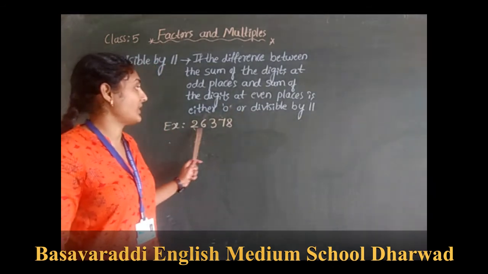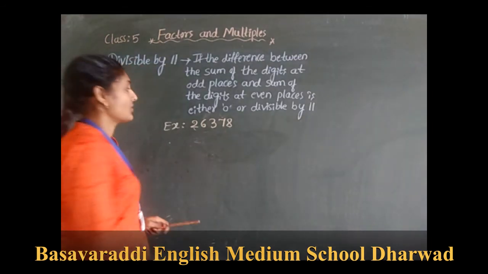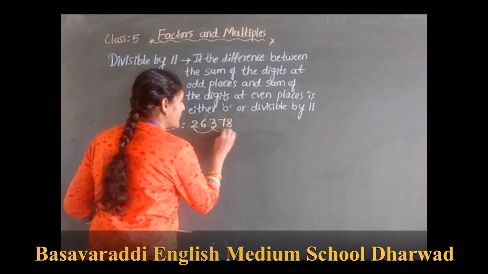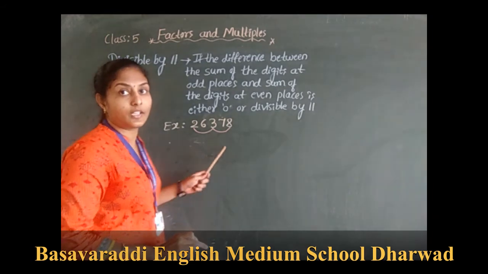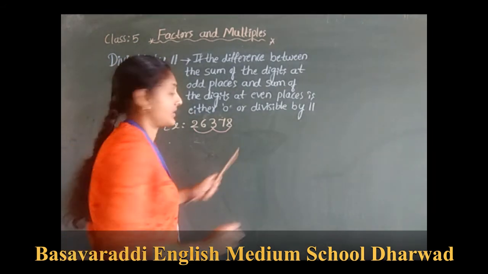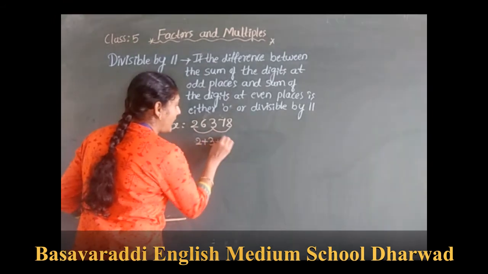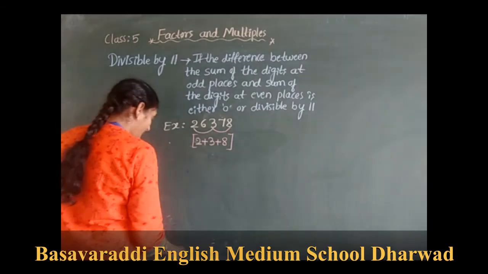For example, 26,378 there. So already you know what the even places and odd places are. The 2, 3 and 8, these three digits are in the odd places. So write 2 plus 3 plus 8.